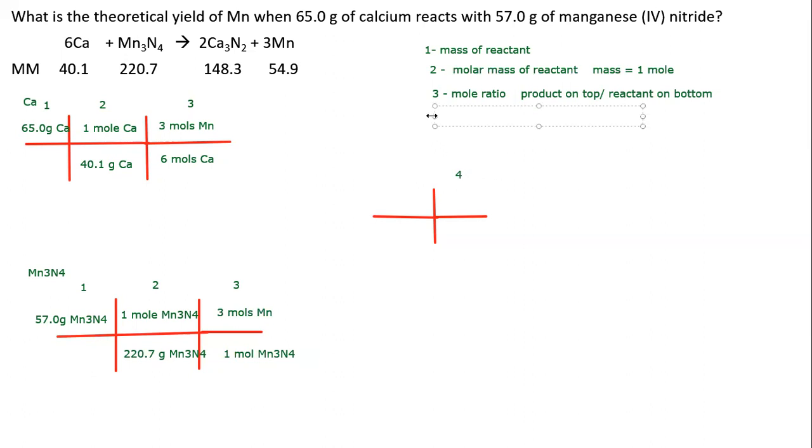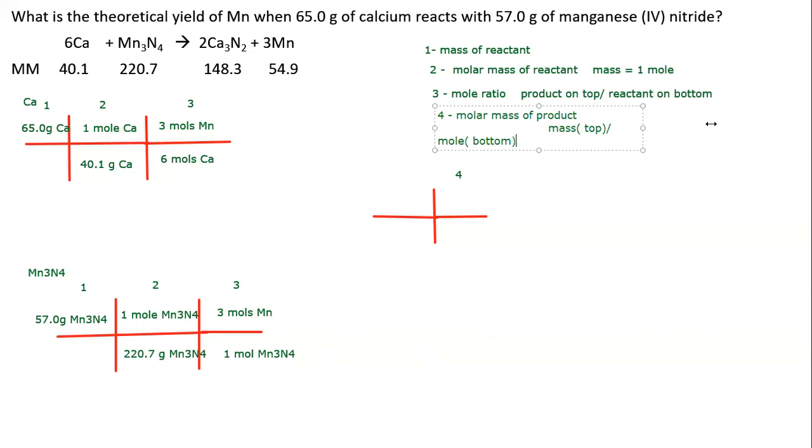but slot 4 is the molar mass of product. And so here, for step 4, the mass on top, mole on the bottom. The opposite of step 2.